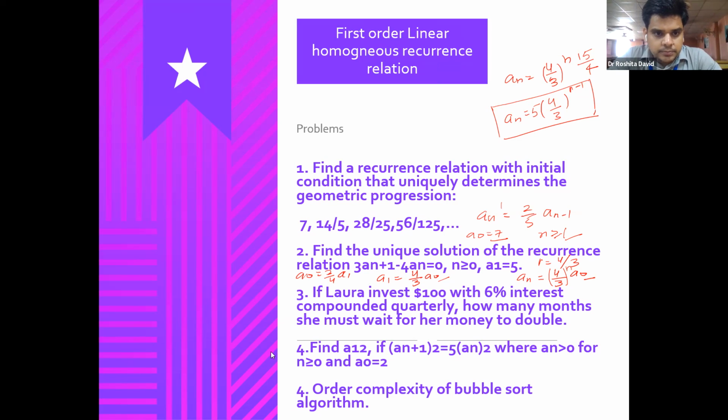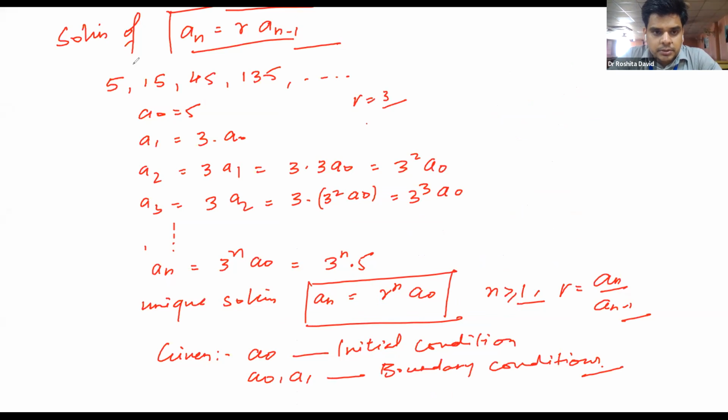So here the amount Pn is 200 and P0, that is the principal, is $100. Rate I converted, so 6 by 4 I did. So 1.5 is the rate.